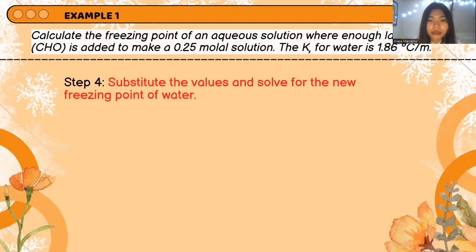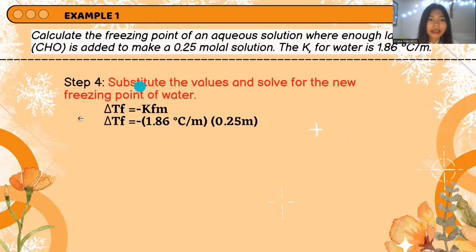Substitute the values and solve for the new freezing point of water. So we need to write first delta Tf equals negative Kf m and then substitute the given numbers, like Kf is equal to 1.86 degrees Celsius over m and molal solution, this is equal to 0.25 m.